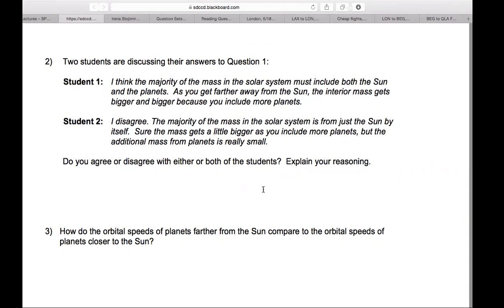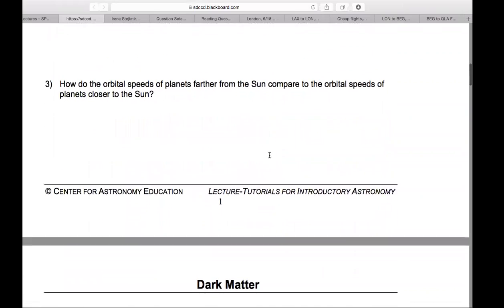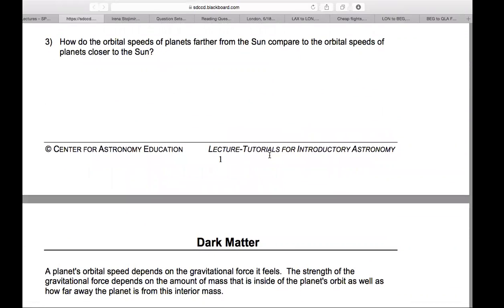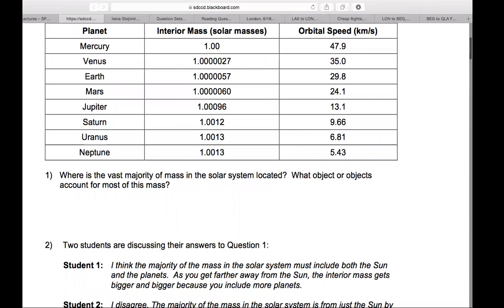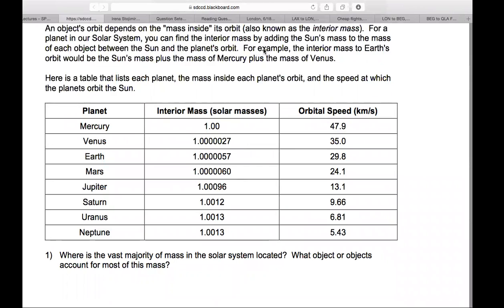The majority of the mass in the solar system is from the sun by itself, because even when you add up all of the planets, you're adding less than 1% of the mass. Okay, how about question 3? Planets closer to the sun speed faster, and planets farther from the sun speed slower. This was related to Kepler's second law.